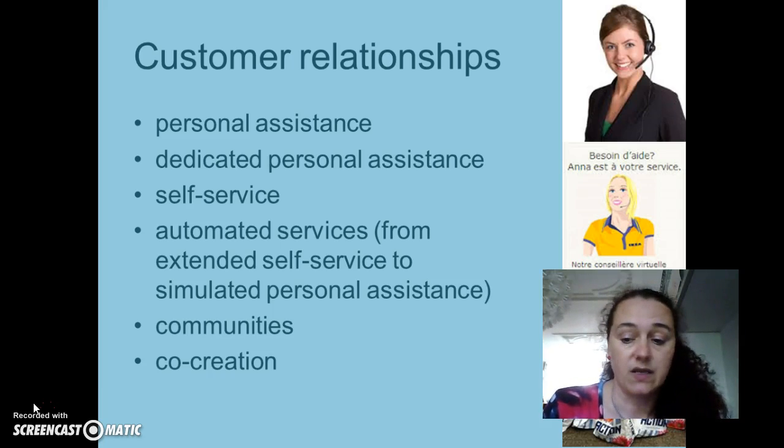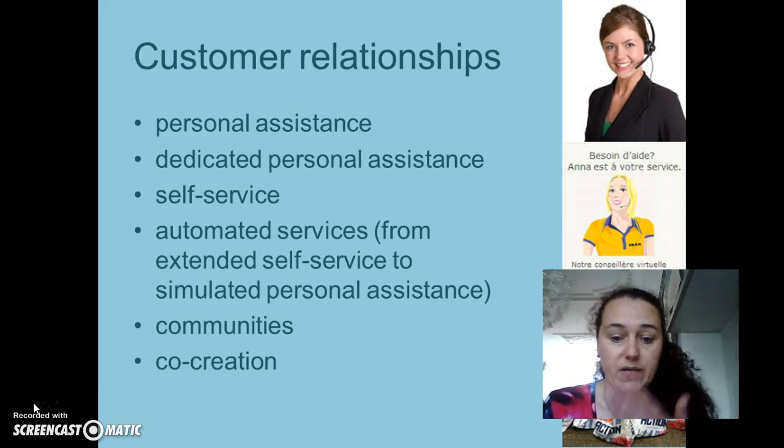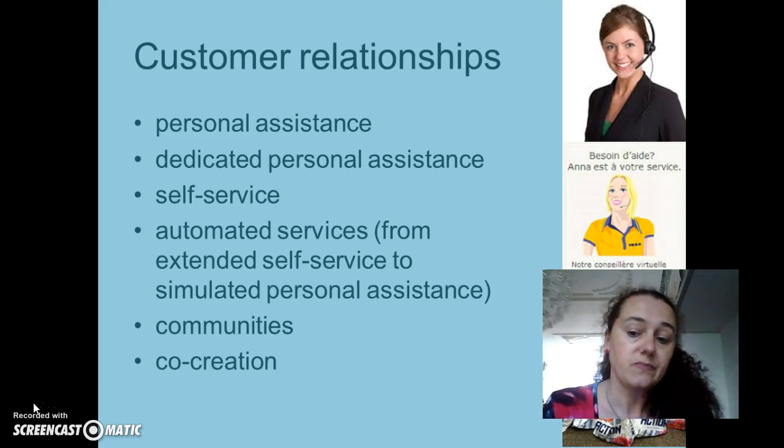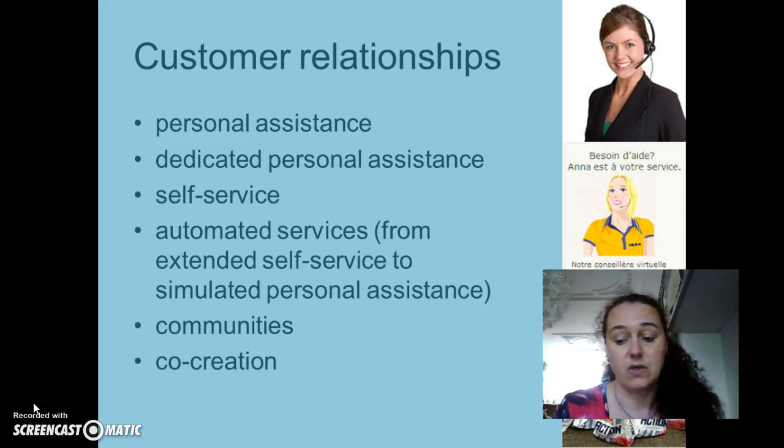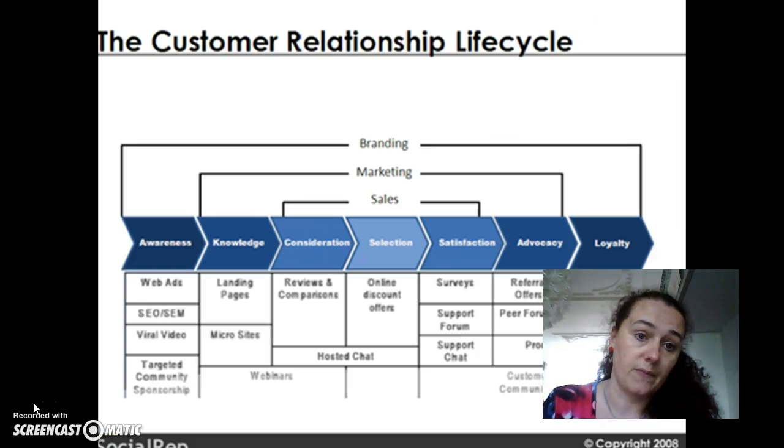But in the case of the Action, people have all sorts of tips about how to use certain products to create your own home decoration style. And then there's co-creation, where in some cases the customer is really part of creating the overall experience. So there are different types and levels of customer relationships that also have different cost, amount of time and dedication needed to build them up and organize them.